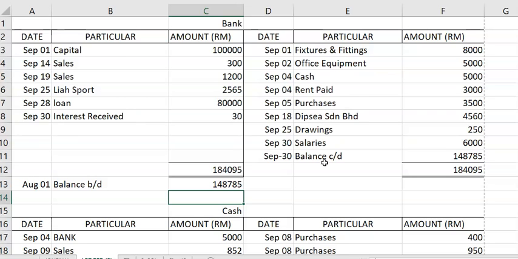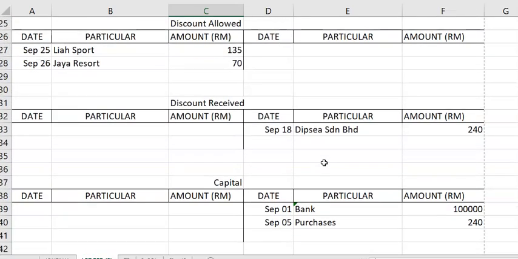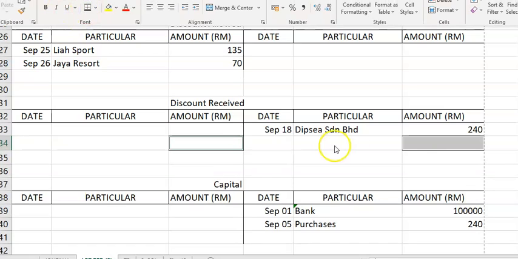Now let's have a look at another example. Let's say you have only one transaction, with discount received. Again, you need to have the boxes to put the balancing figure.